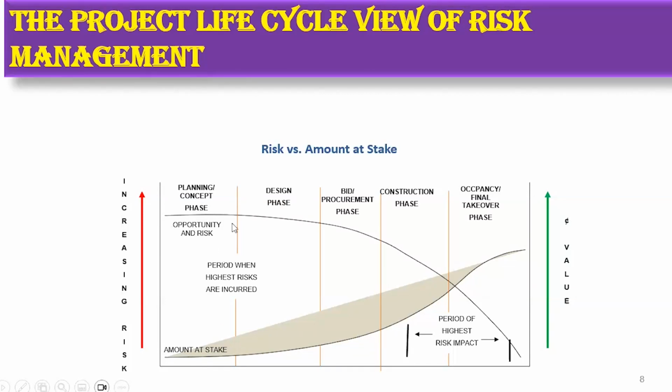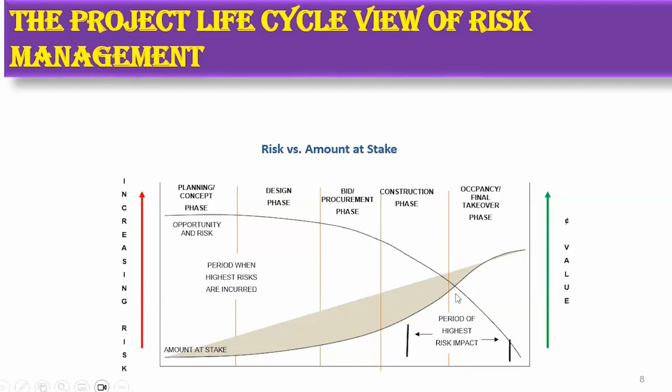As we go through the design phase, the opportunities and risks on the project gradually fall right until the project is completed and taken over. The value gained on the project rises gradually through the planning and concept phase, through the design, and hits a maximum when the project is completed and delivered.